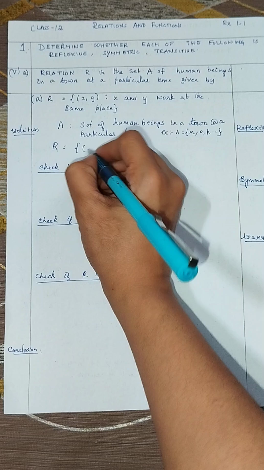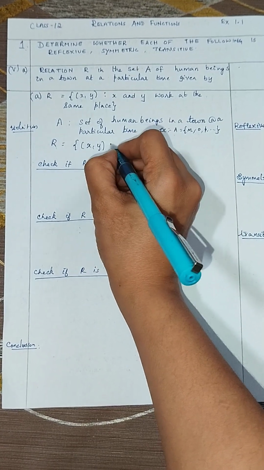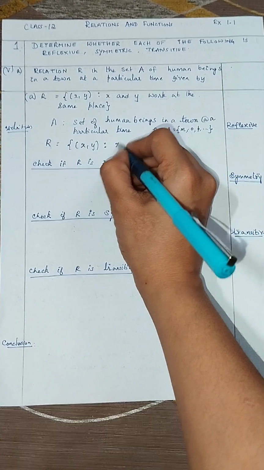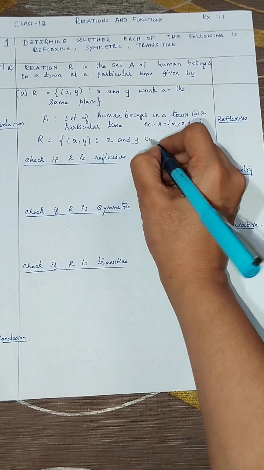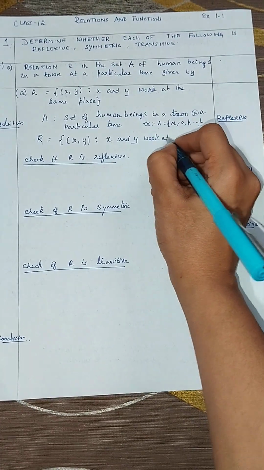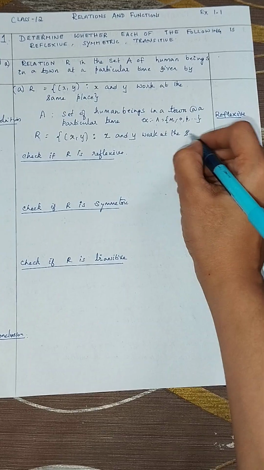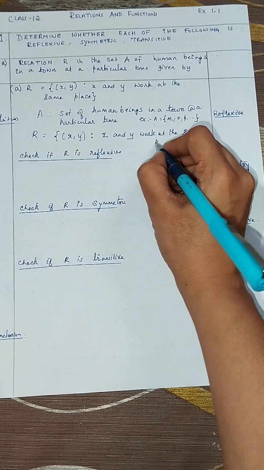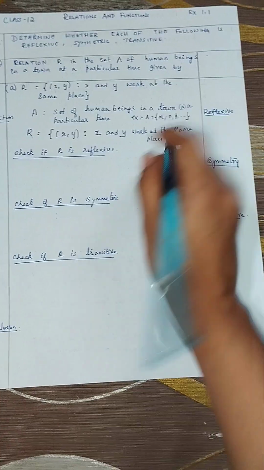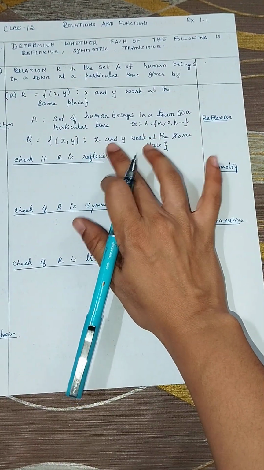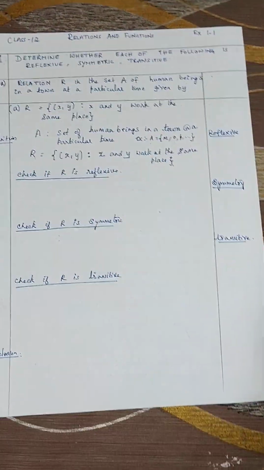The relation is defined as the set of ordered pairs (x, y) such that x and y work at the same place. Okay, so the property they have defined here, let us understand this property clearly.